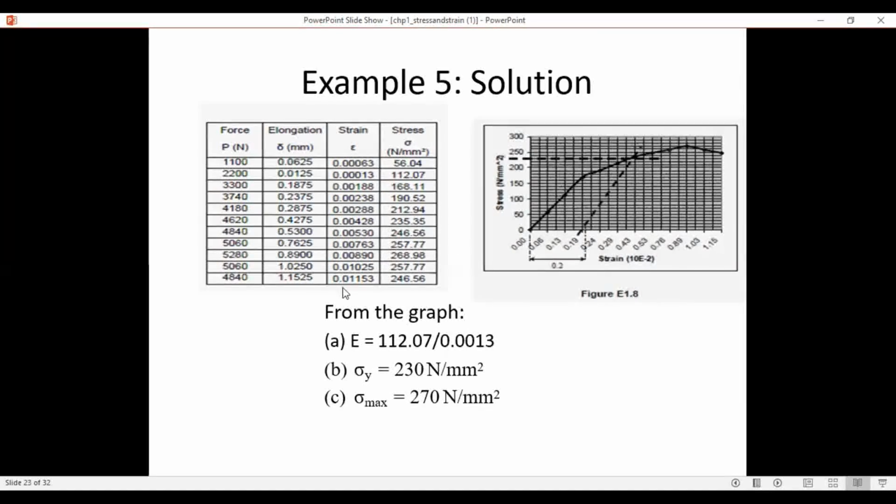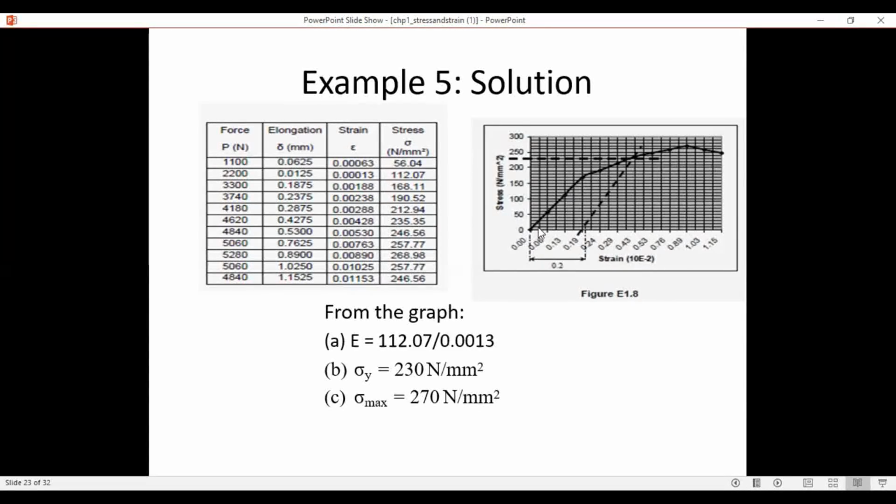When you identify all the values, you normally will get 1 or 2 marks, depending on the scheme. After we get all these points, we should plot. Yes, the second step is to plot using the values of strain and stress. When we plot, we get the curve very nicely.